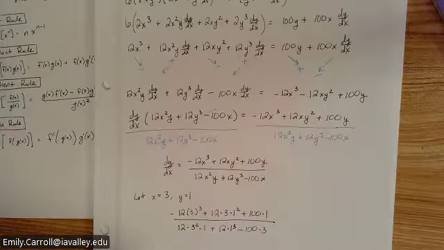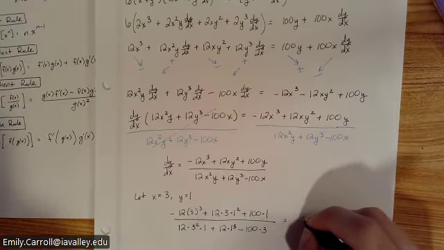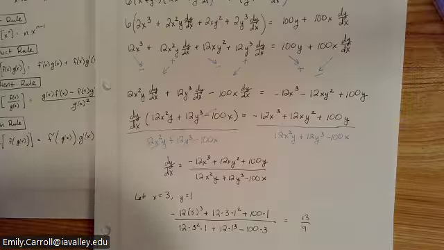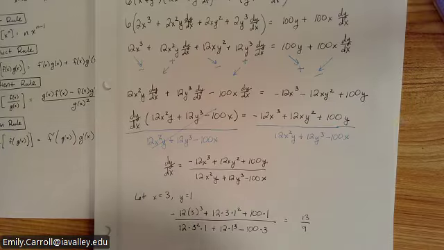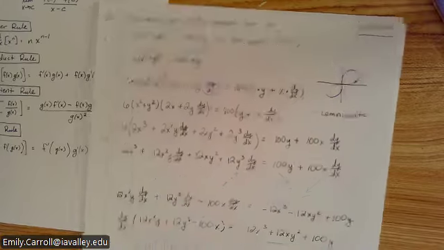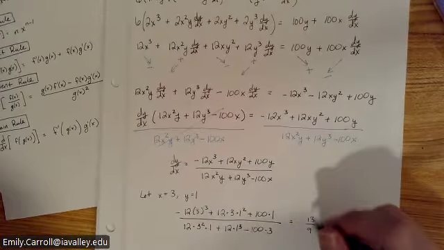And mental math, you get 13 over 9. No, I didn't just do that in my head. I had it worked ahead of time. Okay, so because the question was asking us to determine the slope of the tangent line, our final answer is just this number here, 13 over 9.